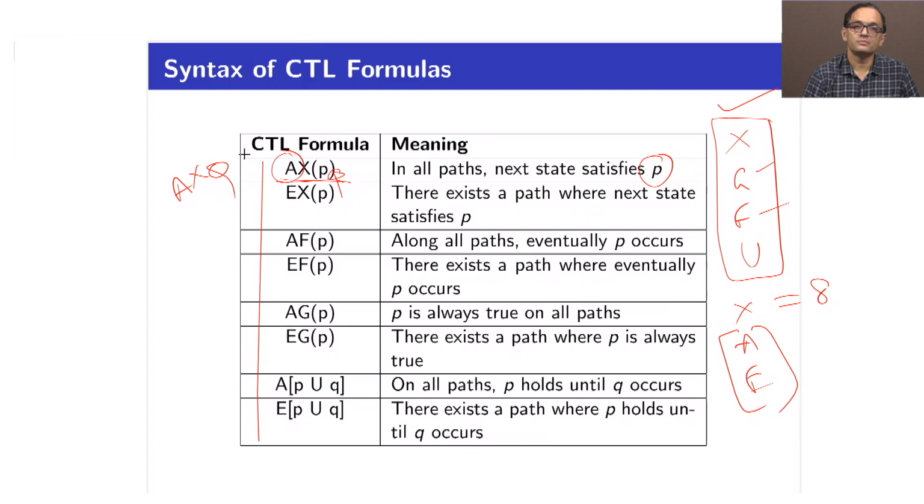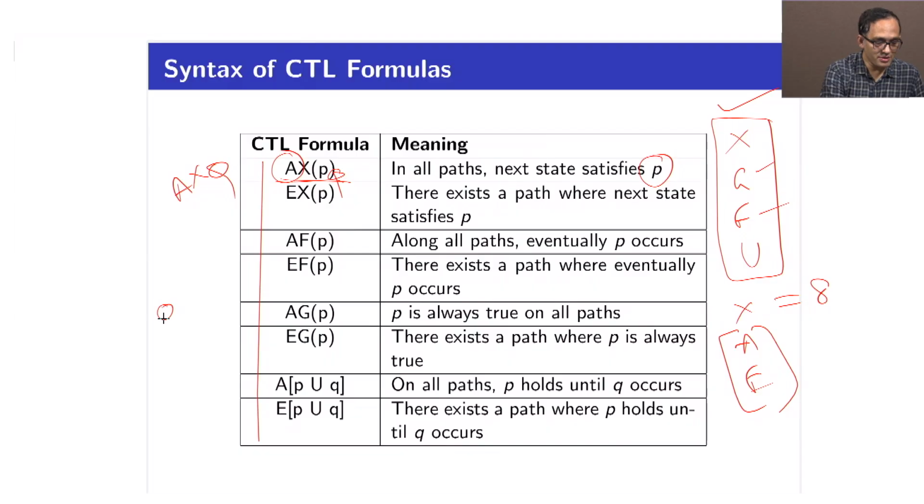So, whenever I am talking about AXP, what does it mean? I am saying that in a branching tree, I am in the root node, and in all paths starting from this node, all the next nodes satisfy P, because there is for all. So, that means in all paths starting from my current node, the next state satisfies P, or psi or phi.